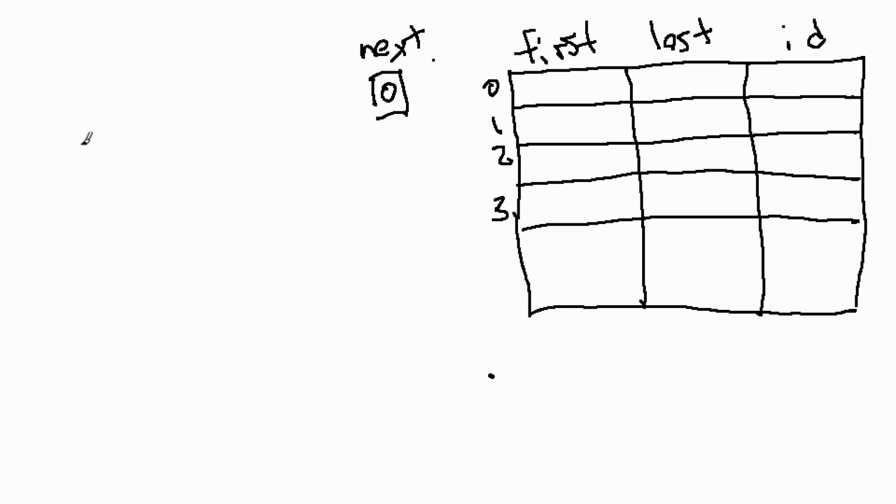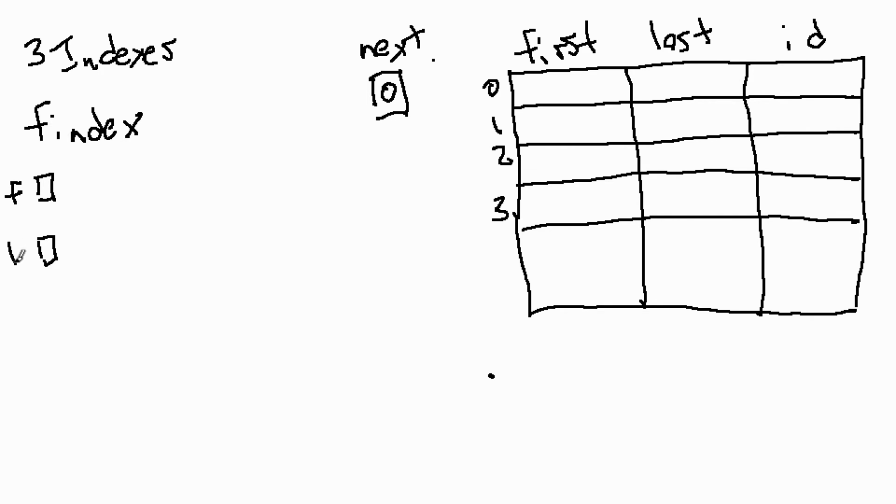And then we can imagine that there are going to be 3 indexes. We'll call the first one Findex, for the first name index. Findex initially is going to have a front and a back. And then there's going to be a last name index, so we'll call it Lindex, and that's going to have a front and a back.